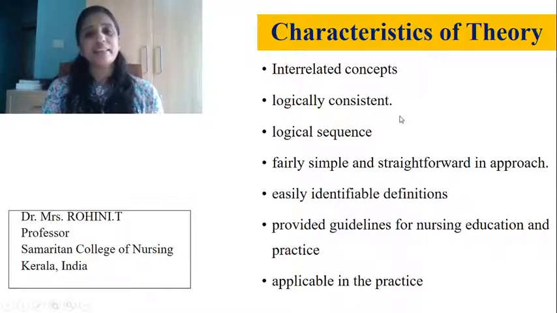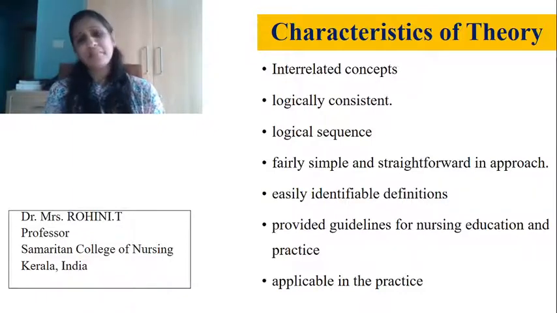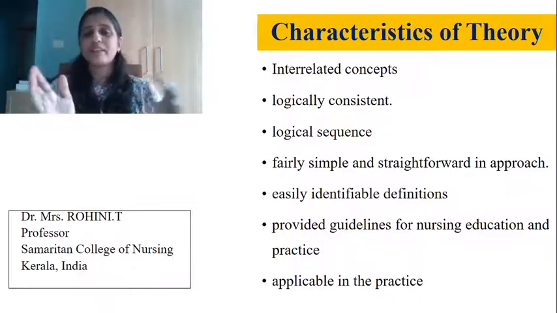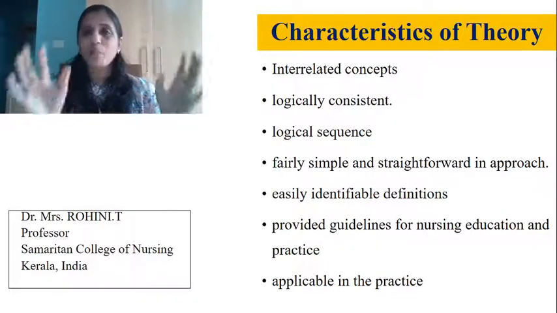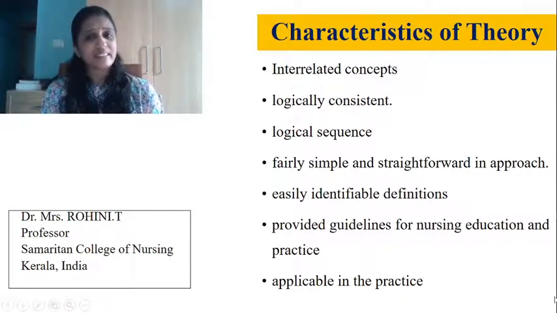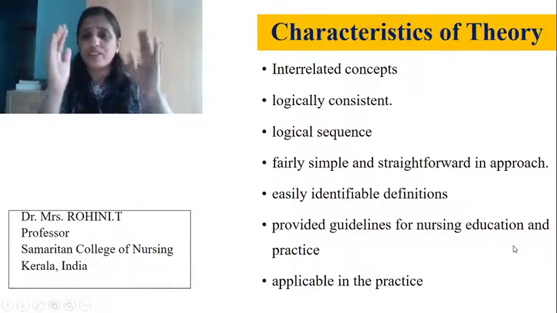It is logically consistent. Definitely it is logically consistent because you can apply this theory in nursing practice. At the same time, once you see the diagram she has given, it's not standing apart. That particular model which she has developed is consistent.